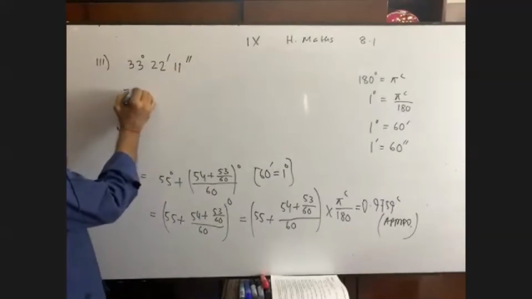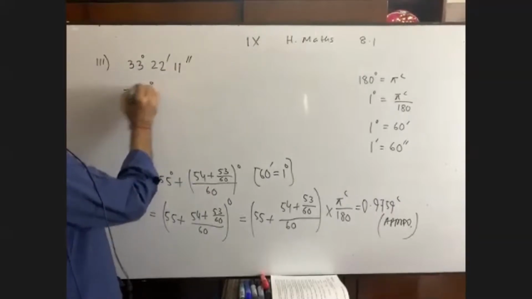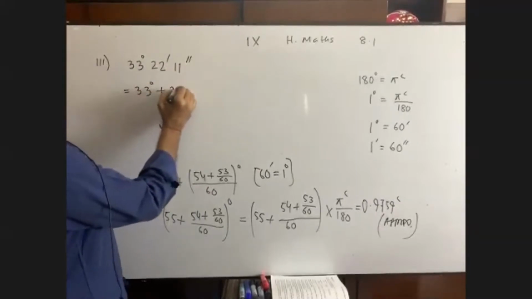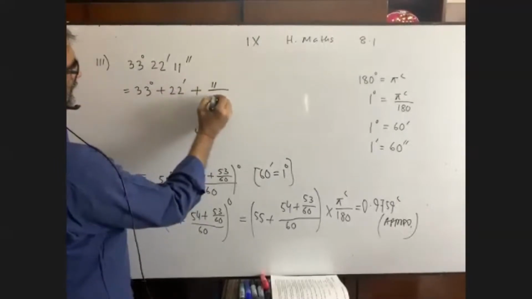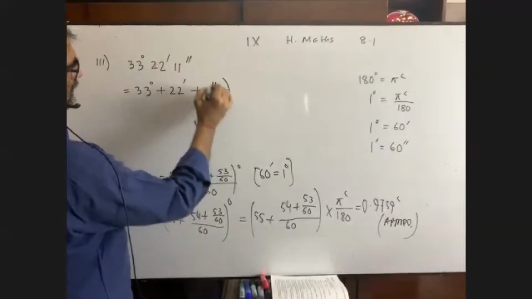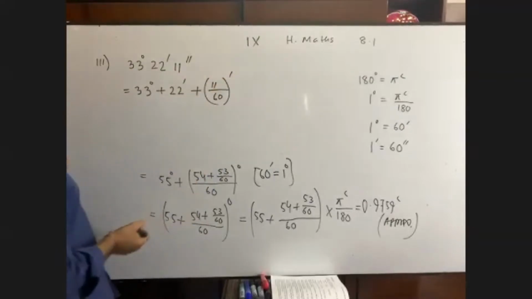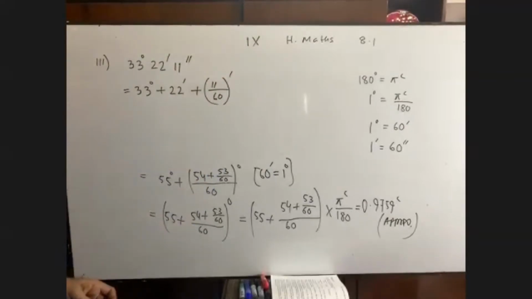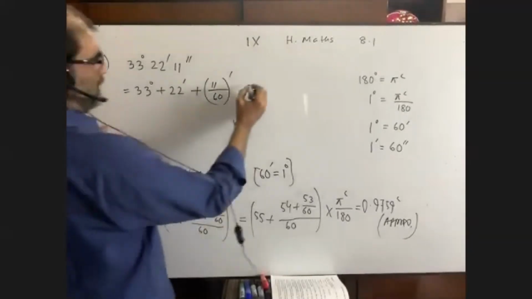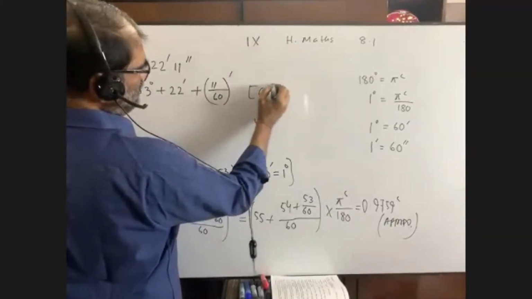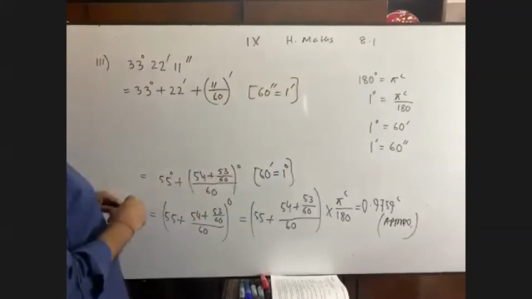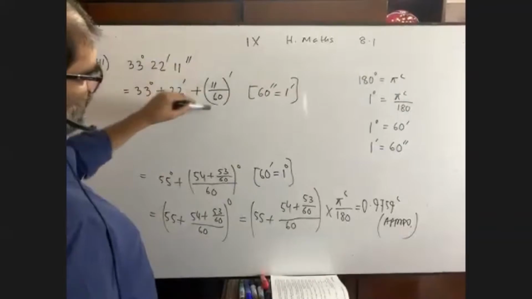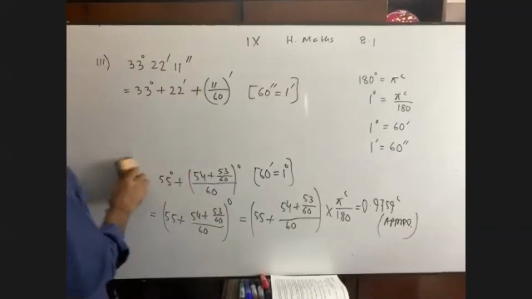What will you do in the same way? 33 degree plus 22 minute plus 11 second. That is 11 by 60 minute, right? That means here 60 second equals 1 minute. Now you divide 11 by 60. Can you please let me know the result?